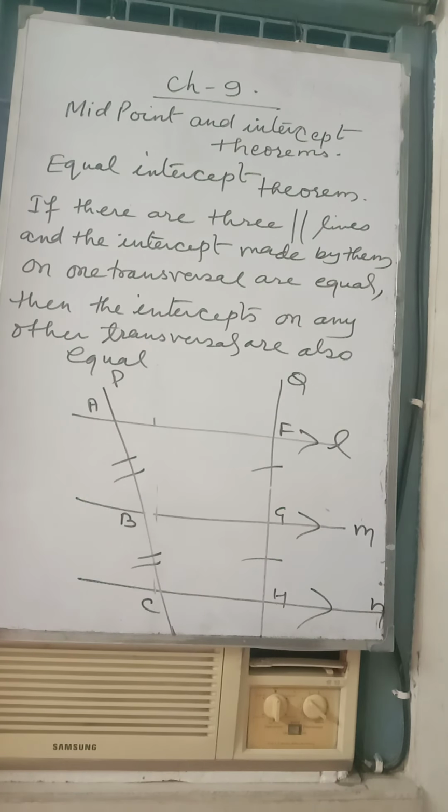If one transversal makes equal intercepts, any other transversal also makes an equal intercept on these parallel lines. So this is the equal intercept theorem, is it?